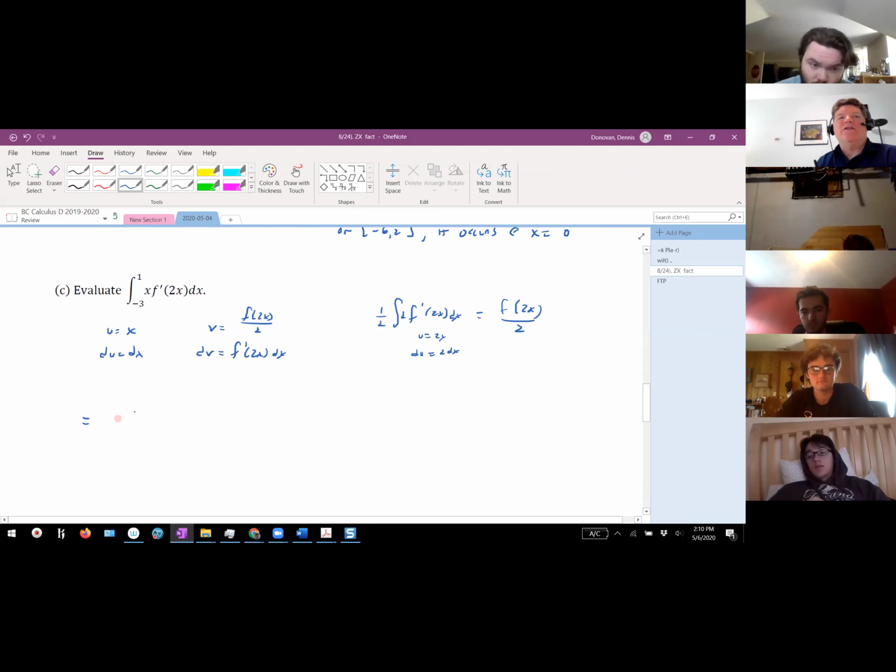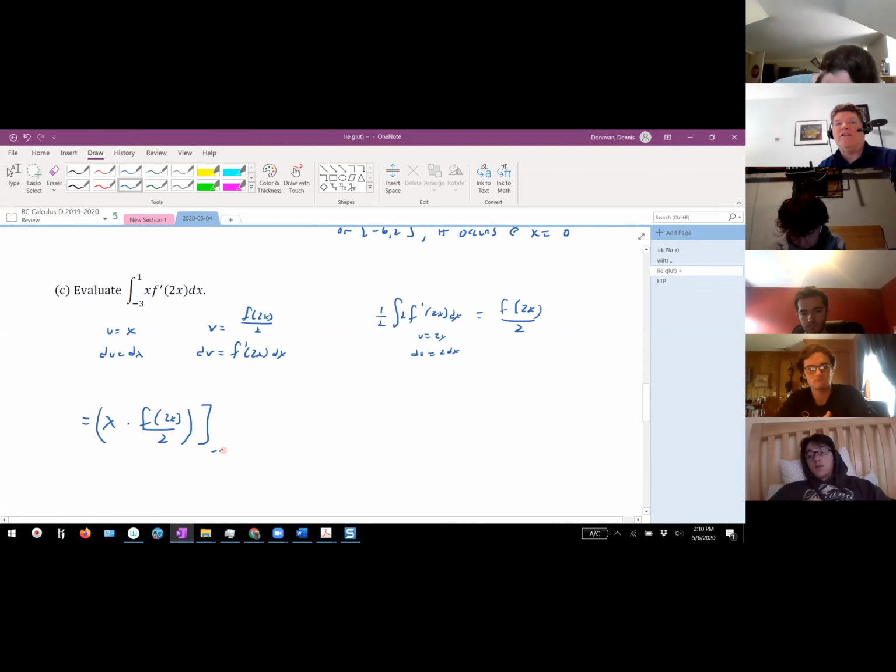Okay, so now I use the parts formula: u times v. Now, remember that this is a definite integral, so this needs to be evaluated from -3 to 1, doesn't it? I'm just going to do that later, but you have to do that evaluation.